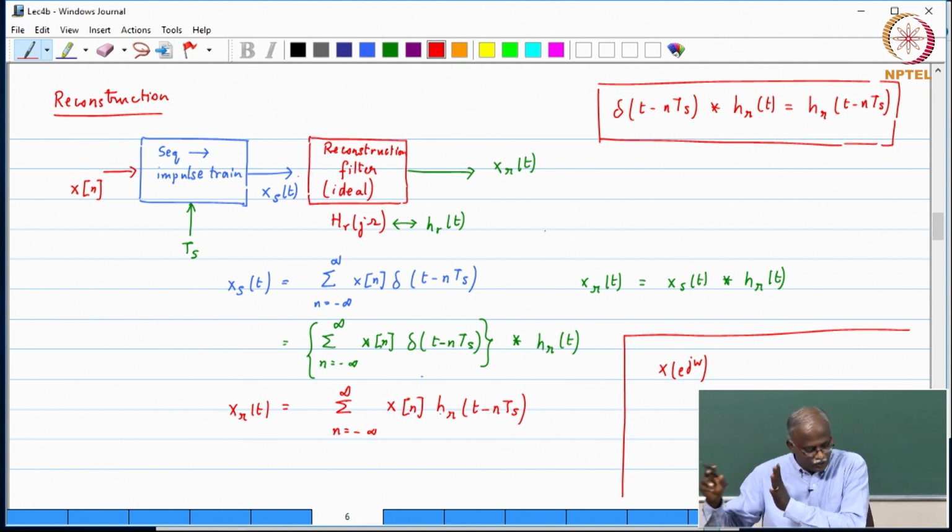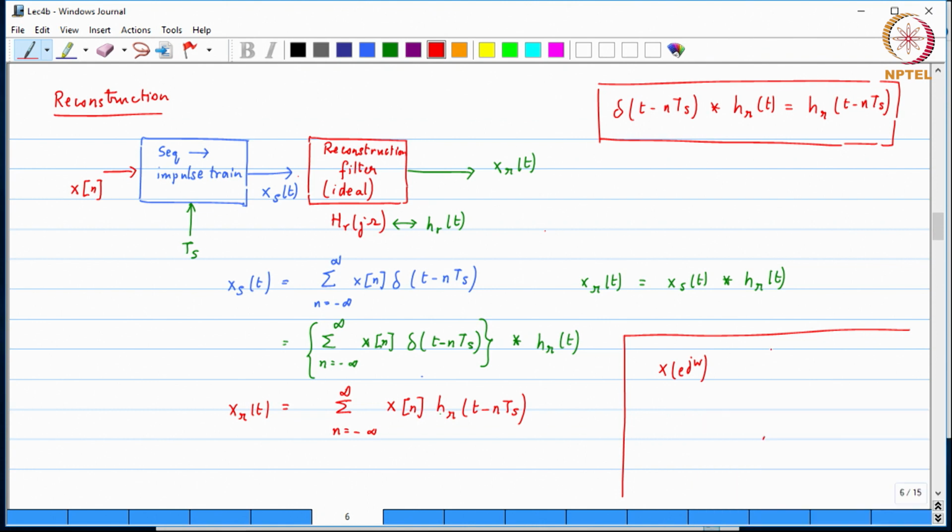Since omega is related to omega times Ts, omega is just a variable, whether discrete time or continuous time. So I can write X(e^{jω}) as X(e^{jωTs}). Am I right? Because that is the relationship between the continuous time omega and the discrete time omega.